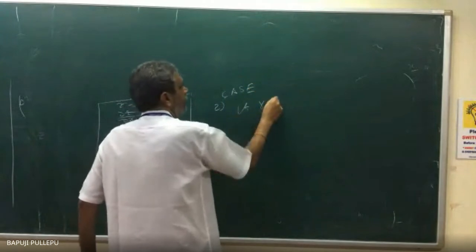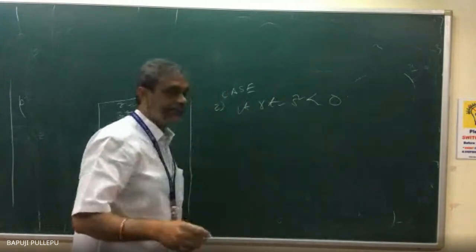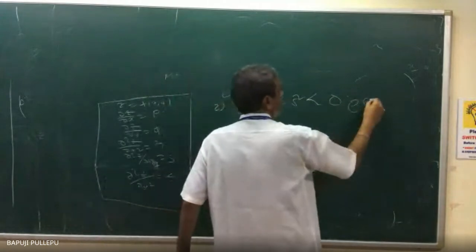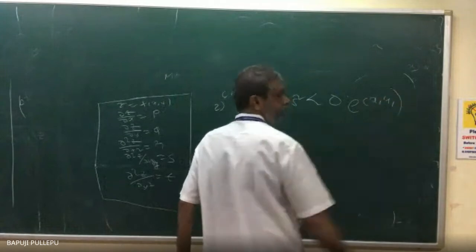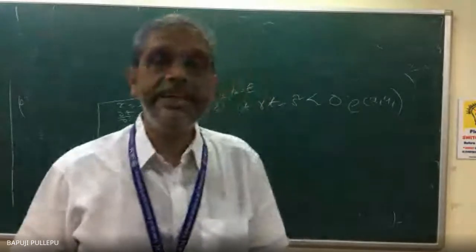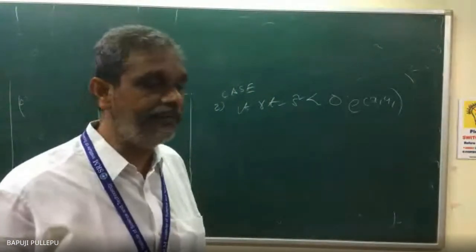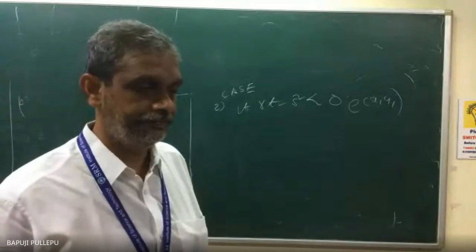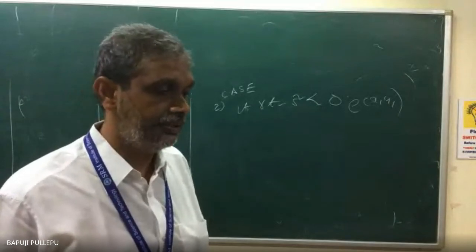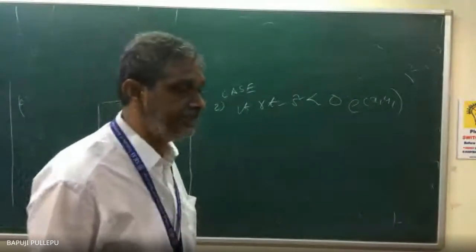If RT minus S square is less than 0 at x1, y1, then the function attains neither maxima nor minima. These points are called saddle points. RT minus S square, repeat please. Saddle points. RT minus S square less than 0 at x1, y1 means what?